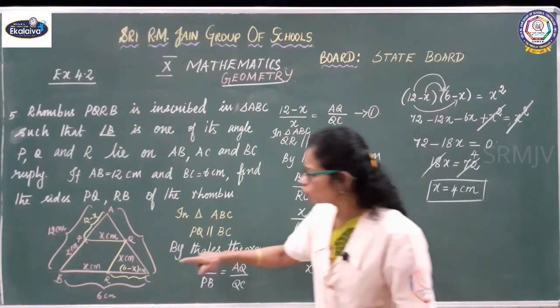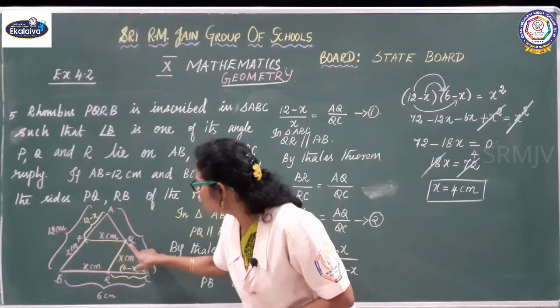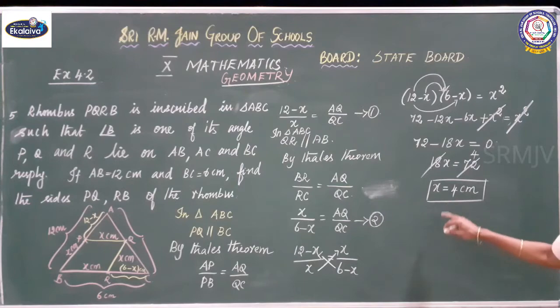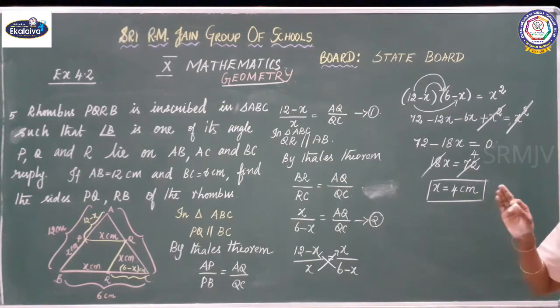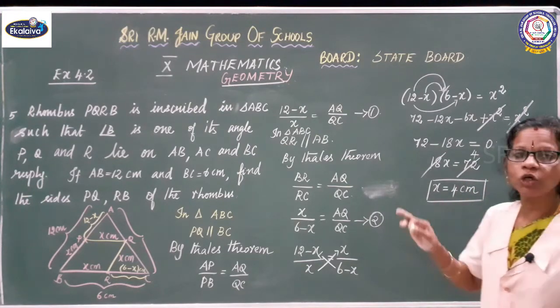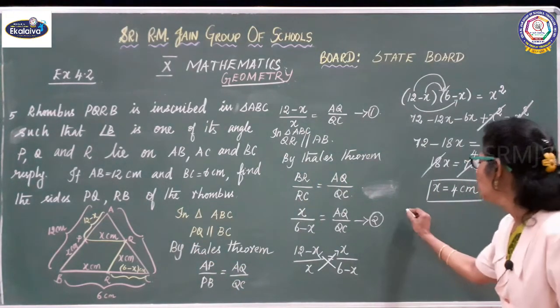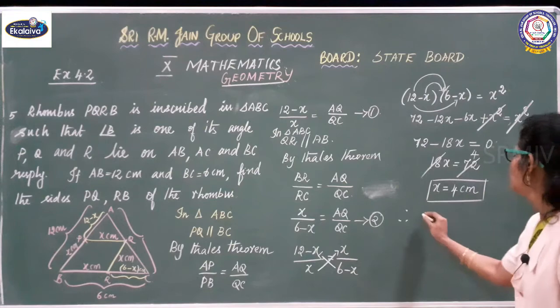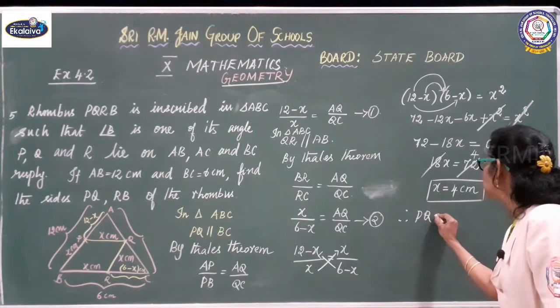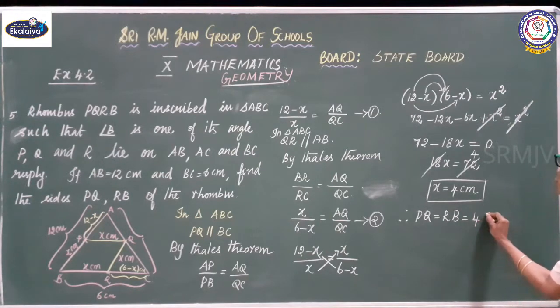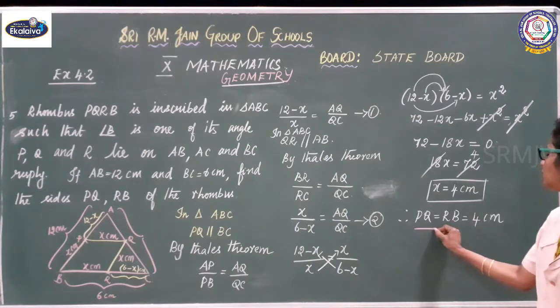What they are asking to find? PQ and RB. PQ is also x and RB is also x because PQRB is a rhombus. All the sides are equal. Therefore, PQ equal to RB equal to 4 centimeter.